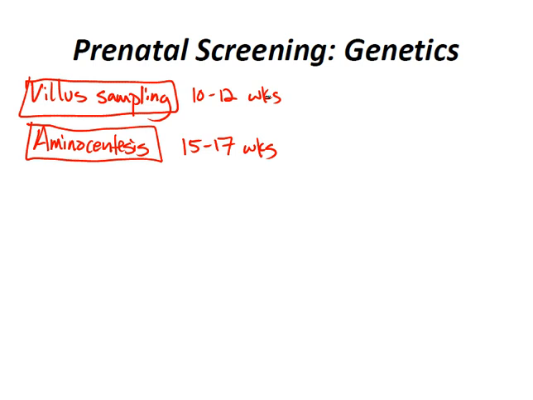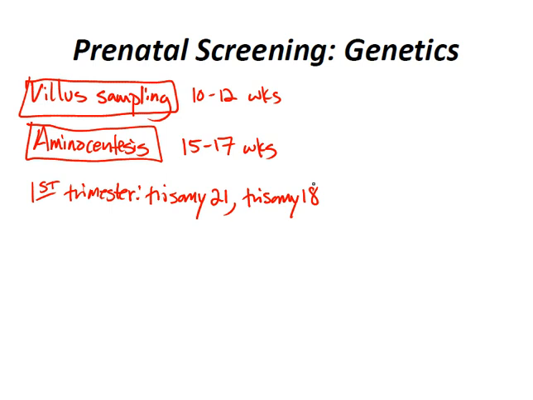Now, the first trimester combined test is used to screen for two things: trisomy 21 and trisomy 18, or Edwards syndrome.